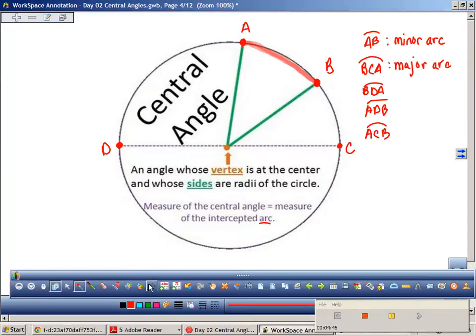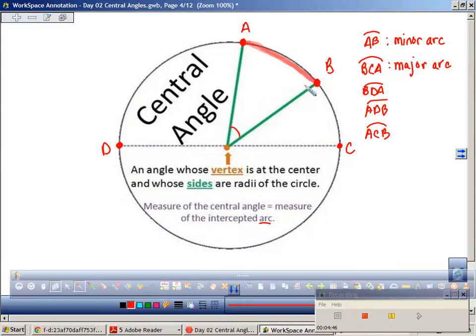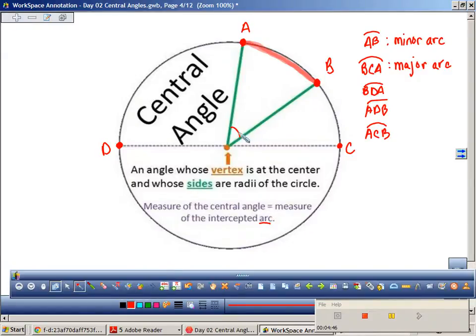Fantastic. So it's really interesting that this angle right here is the same measure as my arc. And it kind of makes sense if you think about it, because if I were to create the circle, and I were to just keep opening this up and opening this up and opening this up, I would eventually get all the way around with 360 degrees.